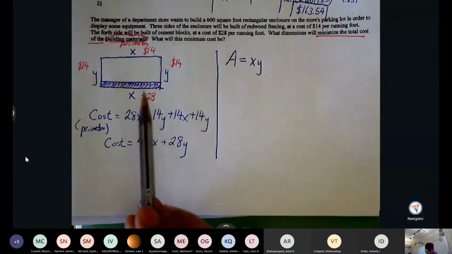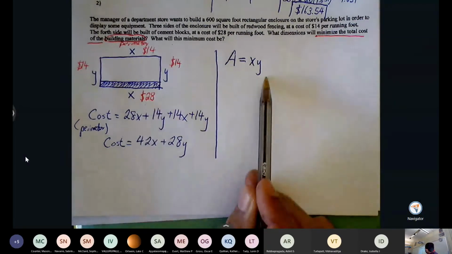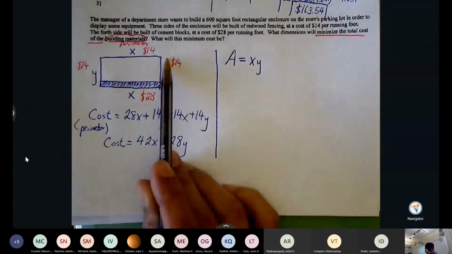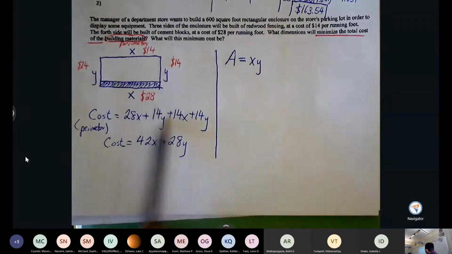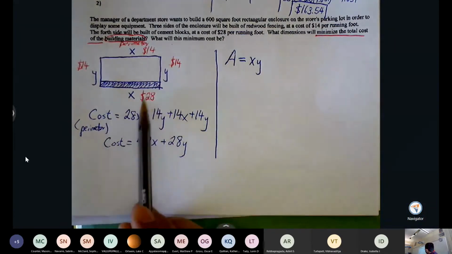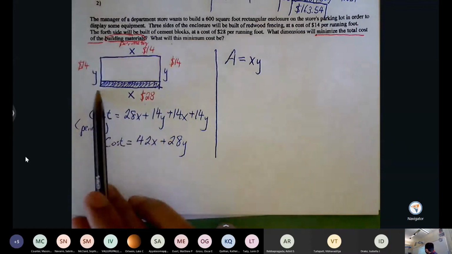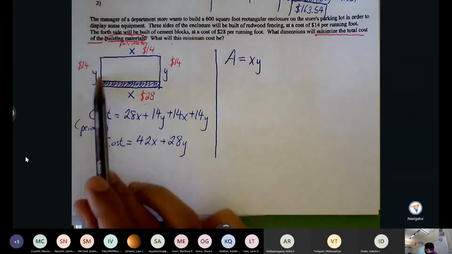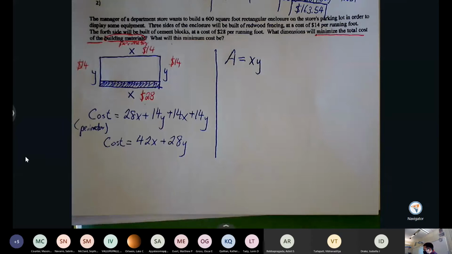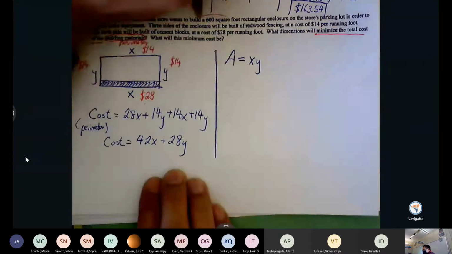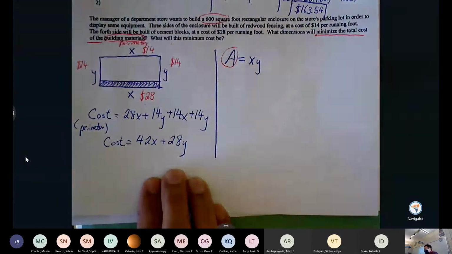Make sure that you don't include the cost in the area, right? We don't want to say this is 28x times 14y. We already have the cost involved with the material. The area is not what's going to cost money, right? It's the perimeter around that region that's going to cost money. Okay, so 600 square foot, that's going to be my area.